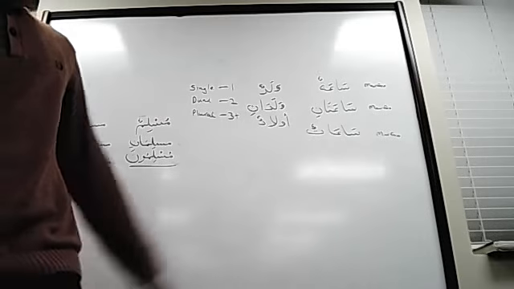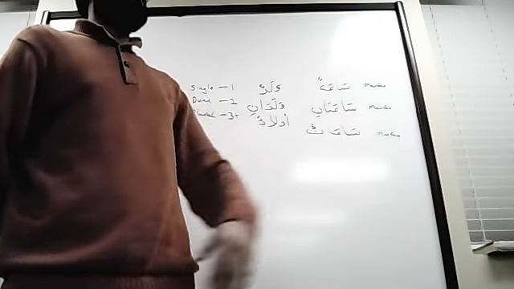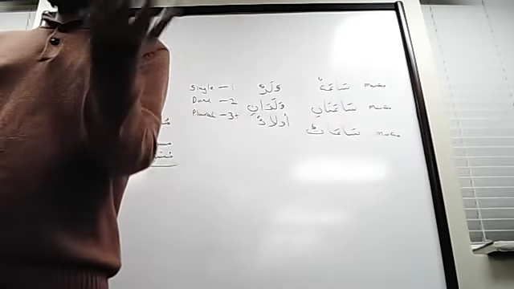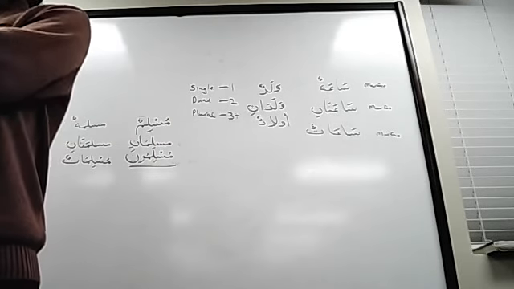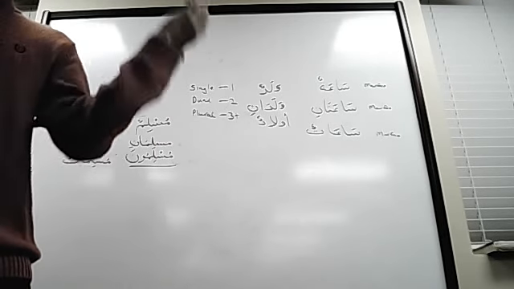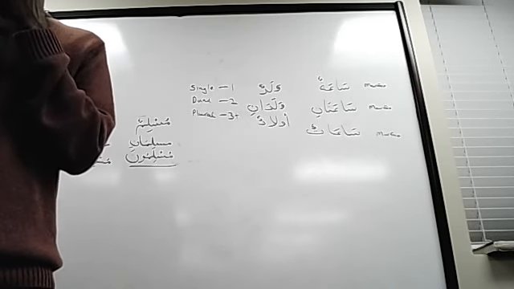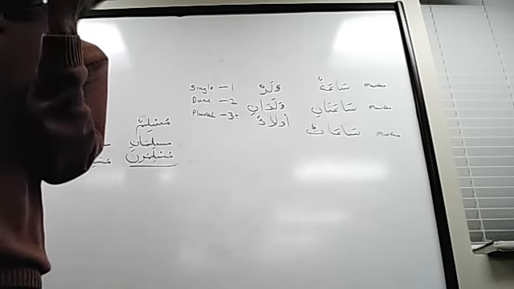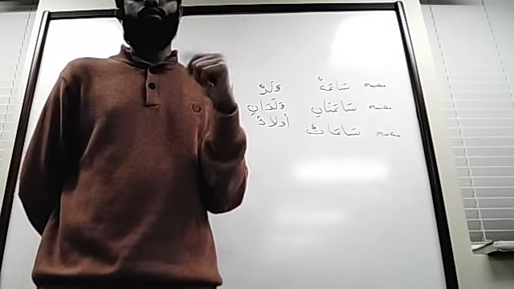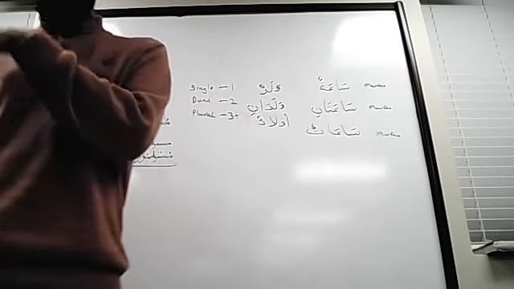So if I'm talking about two watches, sa'atani, I'm going to say hatani sa'atani. It's kind of rhyming, which makes it easy to remember. Basically, the two words in this lesson are hadani and hatani.